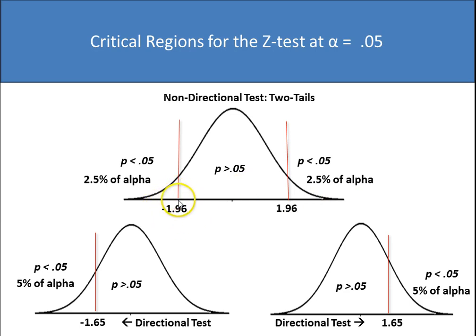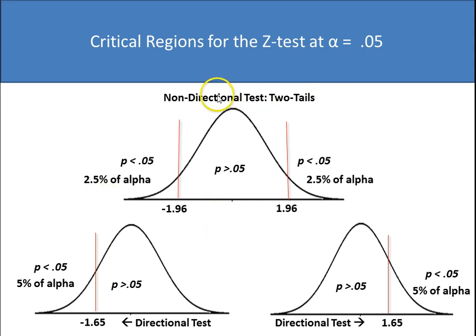Likewise, on this side, because now we're to the left of the mean, we have a negative 1.96 z-score, and that marks the exact location that separates out the very bottom 2.5% of the distribution.